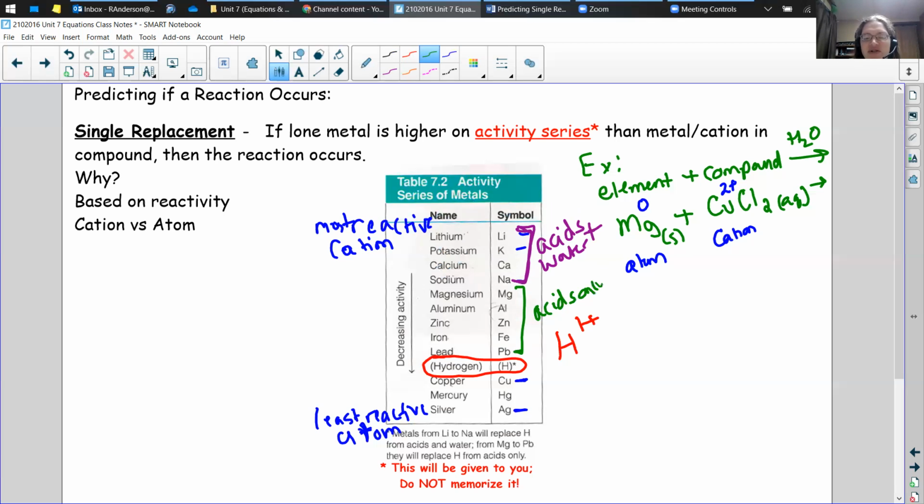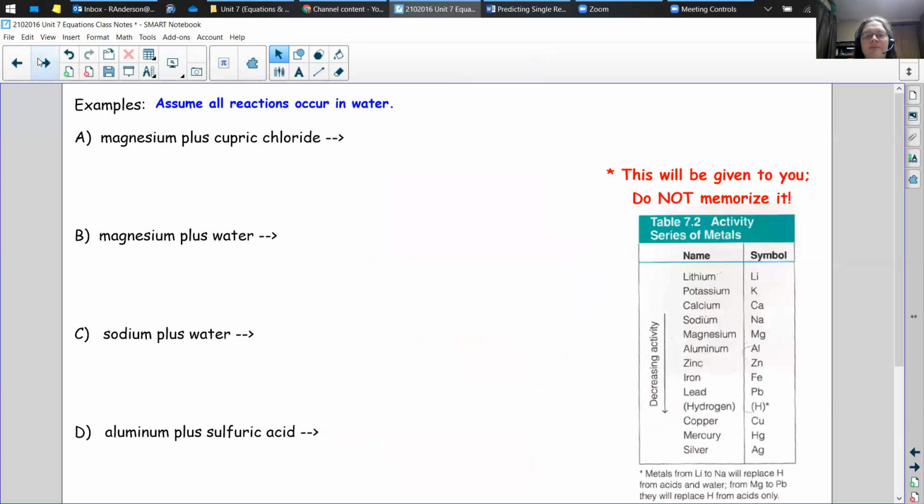So you want to pay attention to that note. And then of course, anything below hydrogen here, these won't have any reaction with hydrogen at all. Because remember, if you're lower on the activity series, then the reaction does not occur. So that's a little bit of an introduction to what the activity series is. Now let's actually apply it to predicting if several different reactions will occur.